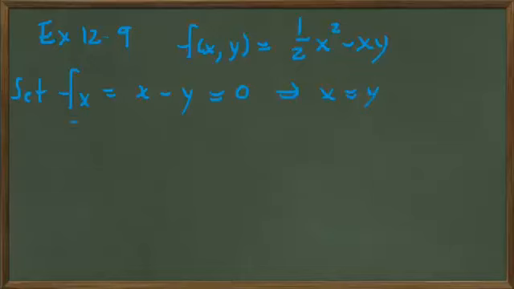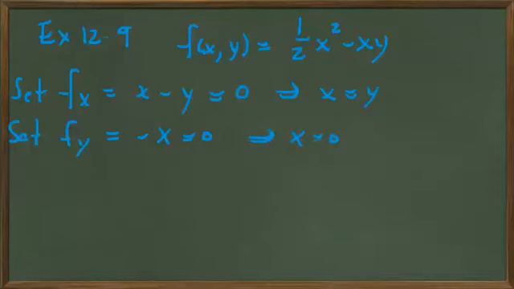We're going to take f sub y now and set it equal to 0, so f sub y would be simply minus x, and setting that equal to 0 implies that x equals 0.